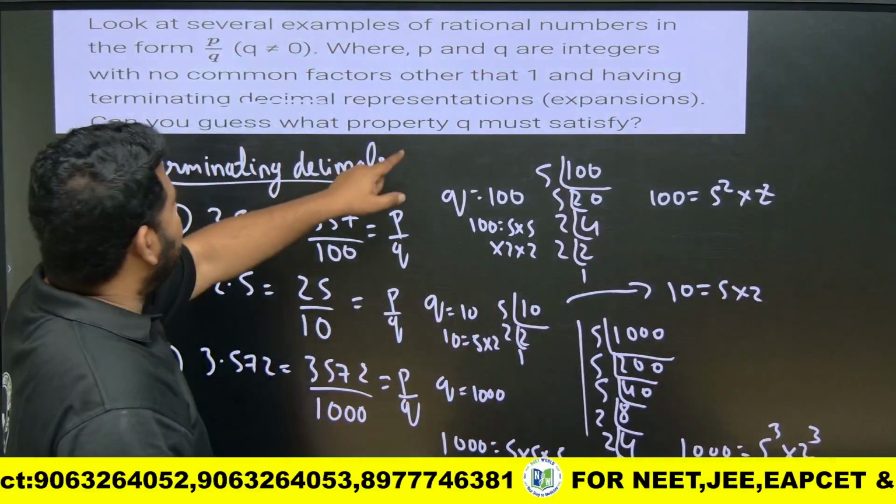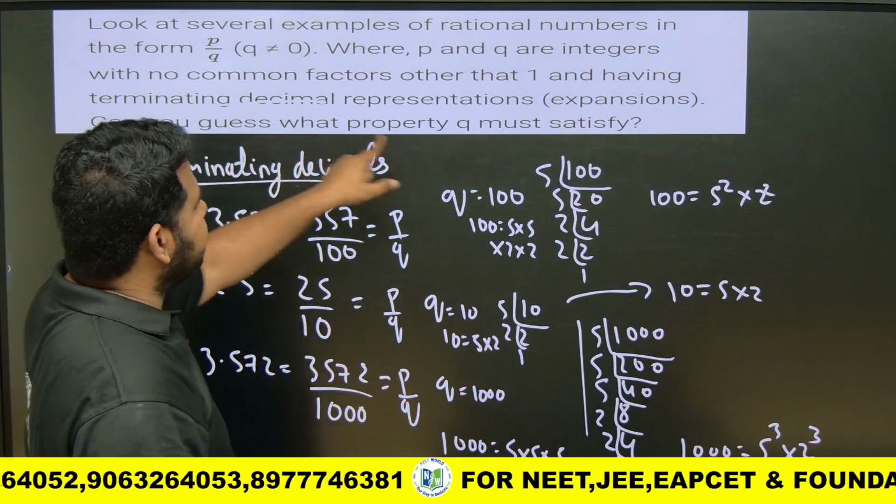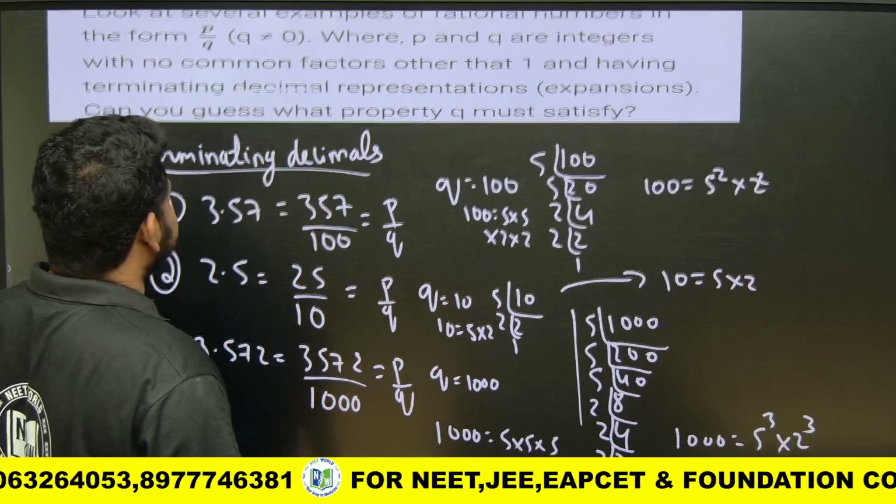Can you guess what property q must satisfy for terminating decimal representation?